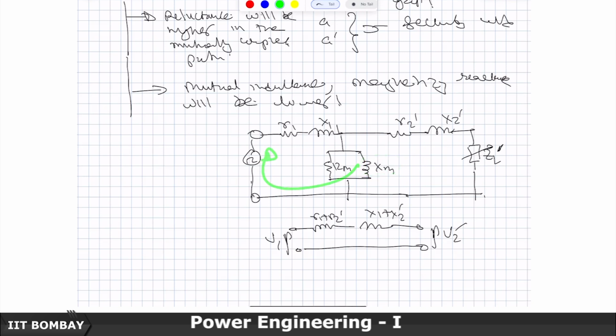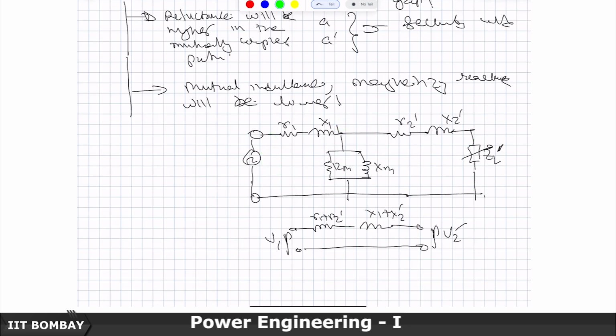But in case of an induction machine, we will not be able to do this. We will not be able to move this to this side, because this inductance is much lower. So, there is going to be appreciable current flowing here, 30 to 40% of the full load current or something like that. Even when this is open circuited, just to set up flux through an air gap, a significantly larger amount of current is required, and therefore, if I move it to this side, it will alter these voltages significantly.